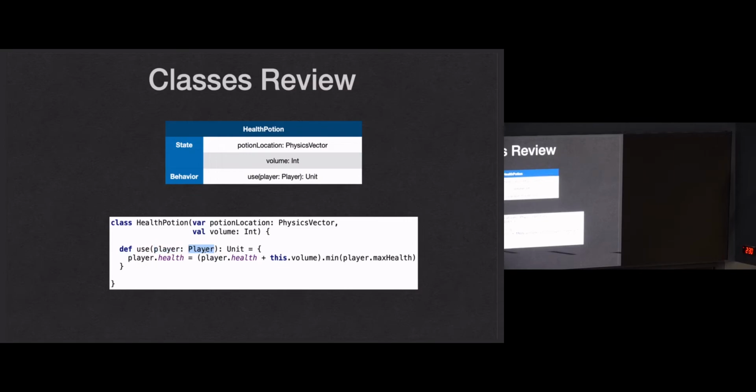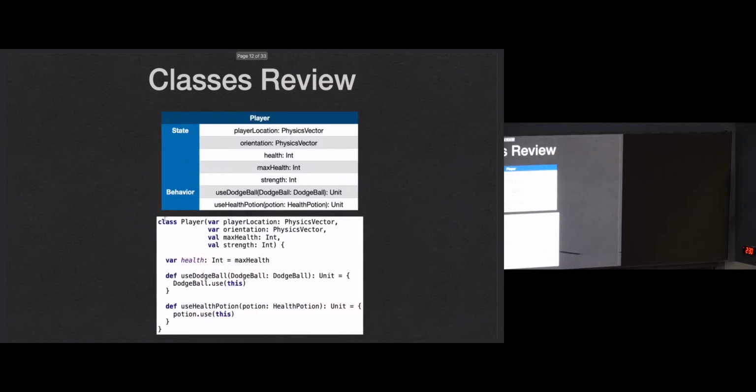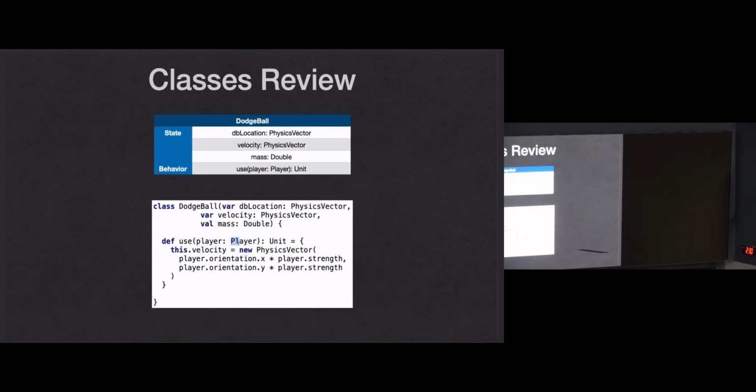So I define the player type right here. Whenever you create a class, you're creating a brand new type. So I have this new type named player. And now I can use that type wherever I used to use ints, doubles, lists, strings. I'm using that type as a parameter for this method.